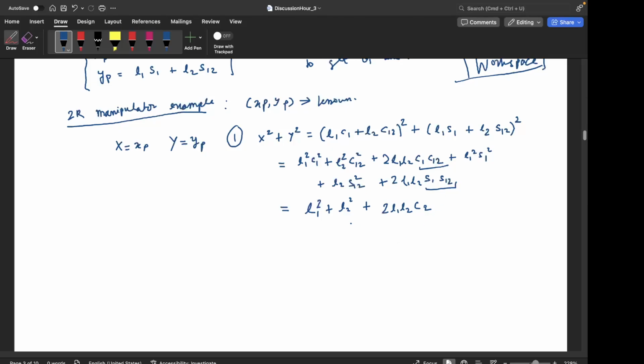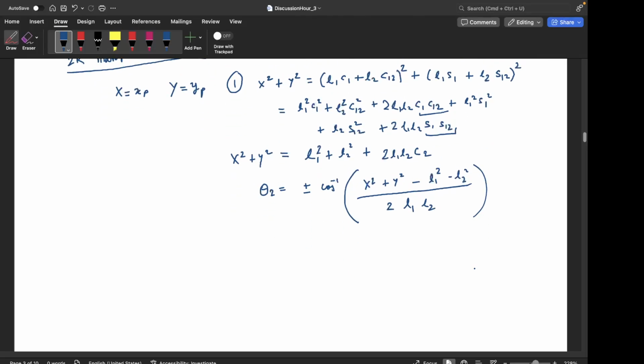Just by doing this manipulation, we have a relation in which the only unknown is cos theta 2. So we have the relation for theta 2: it is plus minus cos inverse of (x square plus y square minus L1 square minus L2 square) by 2 L1 L2.